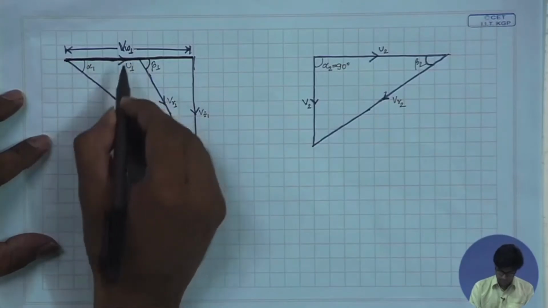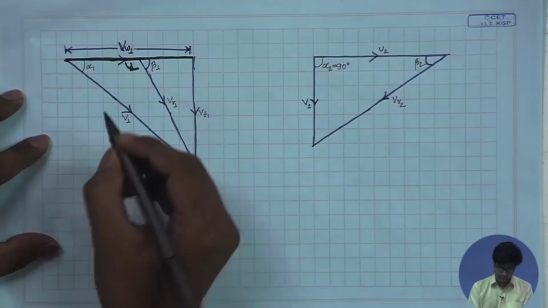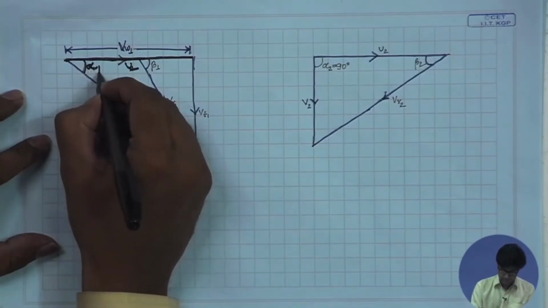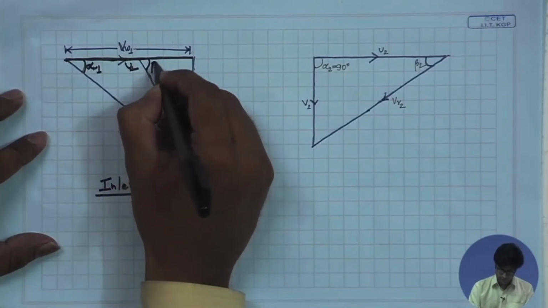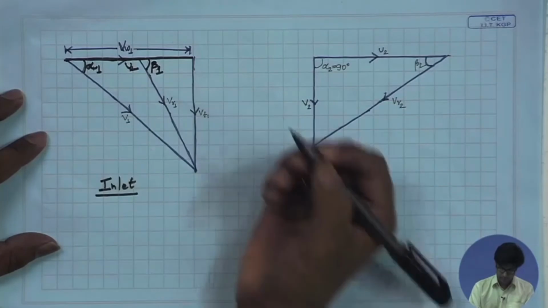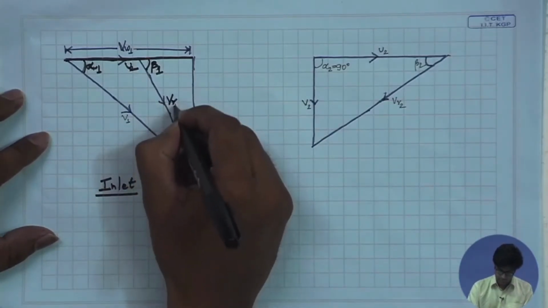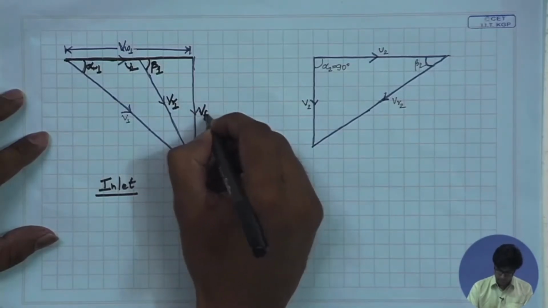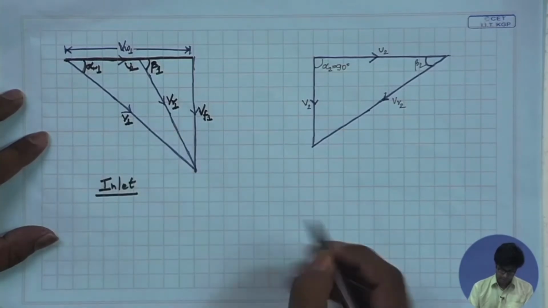This represents the peripheral velocity of the runner blade at the inlet. This angle represents the inlet guide vane angle and this angle represents the runner blade angle at the inlet. This is the relative velocity VR1 at the inlet. This is the flow velocity at the inlet, VF1, and this is the absolute velocity at the inlet of the runner, that is V1.